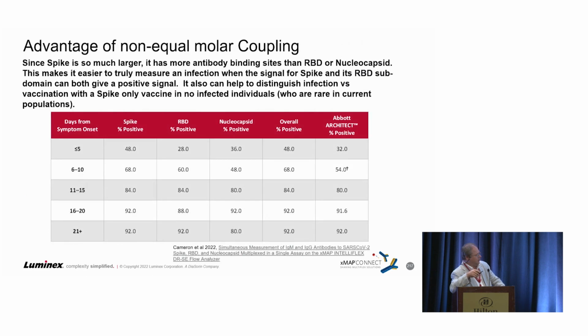The reason why we did this was because they wanted the spike, the RBD, and the nucleocapsid to all give positive signals whenever they had a COVID-19 infection they were looking at. Because if you didn't adjust the coating level on the beads, then at certain stages of an infection, all 3 of them won't be positive.